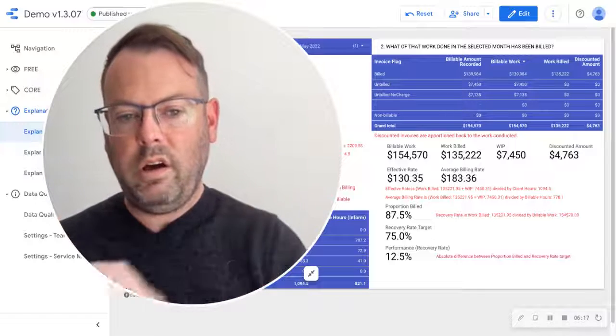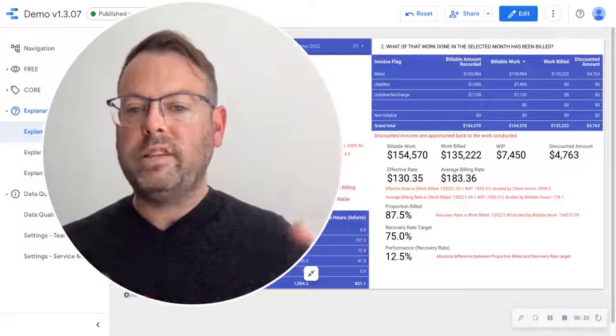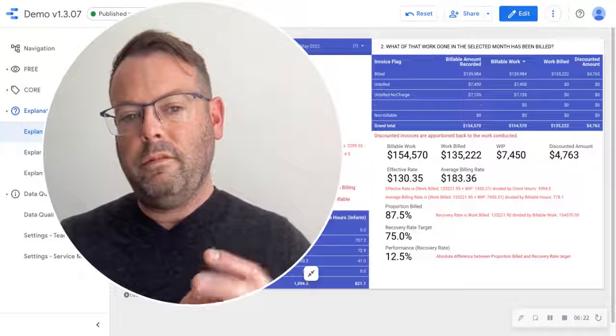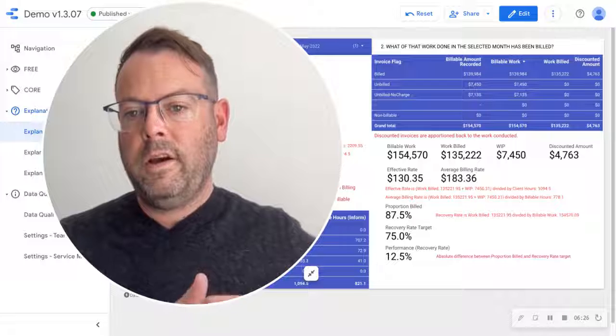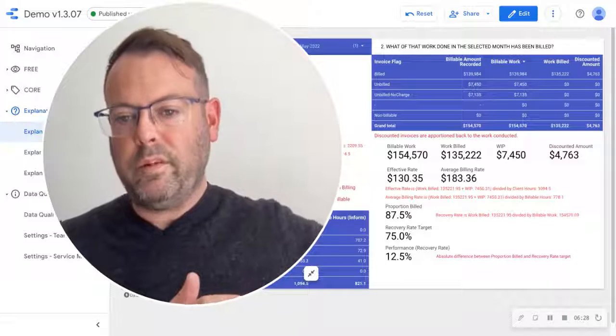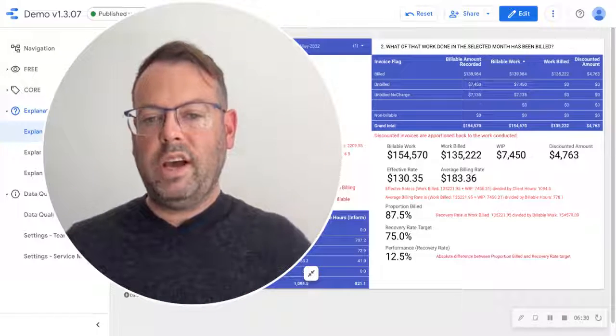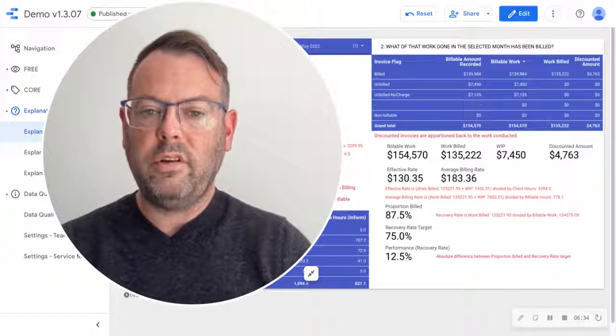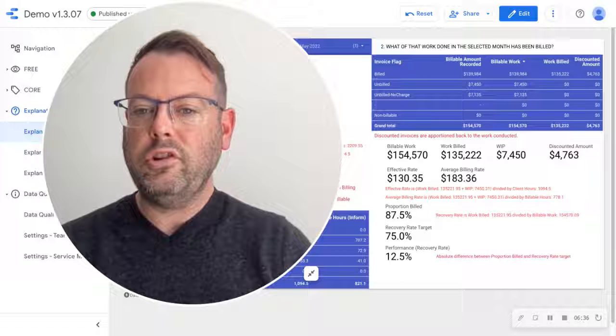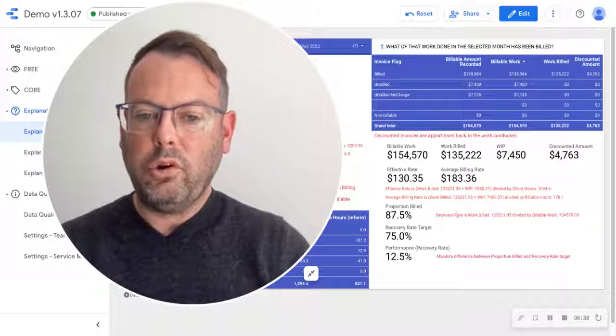You would expect it to be quite low for more recent months where you maybe haven't had a chance to bill work for the prior month or the month before. But after that, you should be comfortable that the number is reflective of how much you can recover. What is the proportion you're billing?